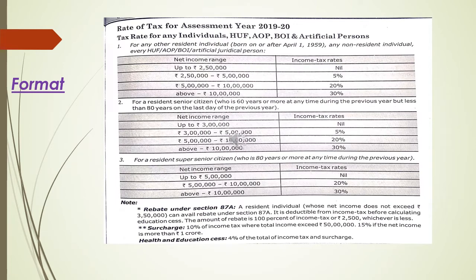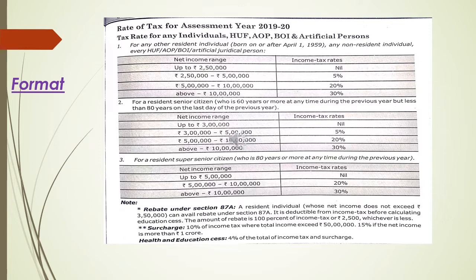I was mentioning the flat rate of tax and slab rate of tax. Now look at the slab rate of tax for different individuals based on their age. It is based on the different types of persons: individuals, HUF, association of persons or body of individuals, and artificial persons.